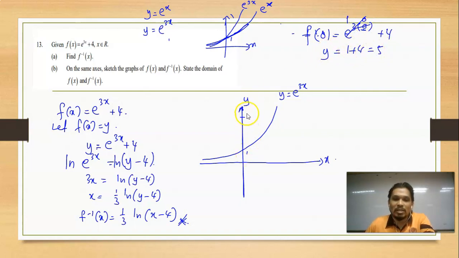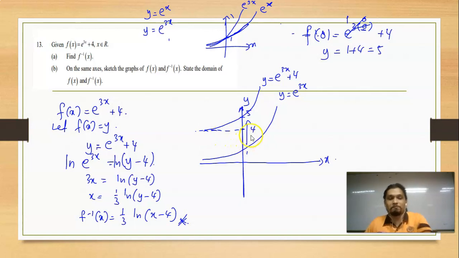This is 1 and this is 5, meaning the graph shifts 4 units up, and the shape is still the same. This is y equals e to the power of 3x plus 4. The horizontal asymptote also shifts 4 units up, and becomes 4 here now. y equals 4 is the horizontal asymptote for the graph.